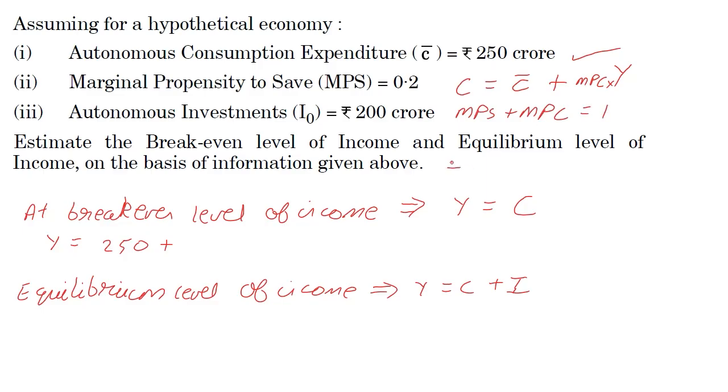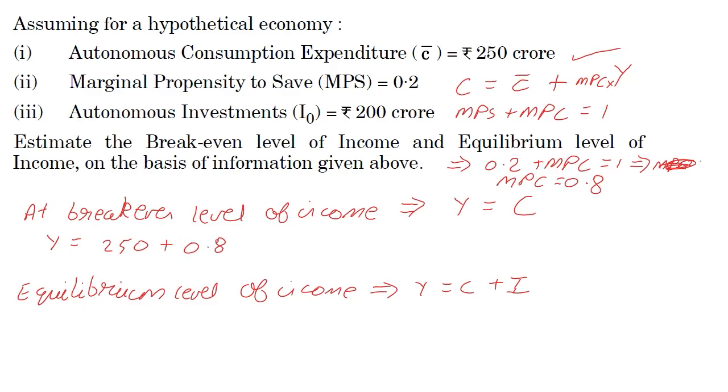So if I substitute, marginal propensity to save is 0.2, marginal propensity to consume is unknown, and both of them add up to 1. The 0.2 is addition, goes to that side, it becomes subtraction, and I finally have marginal propensity to consume as 0.8.